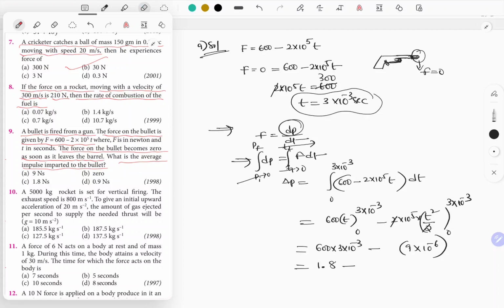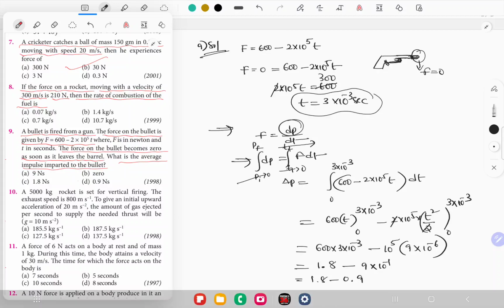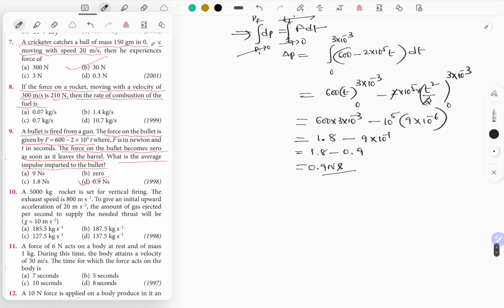It is not pi, it is 10 power 5. So the answer is going to be 9 into 10 power minus 1, which is equal to 0.9. 1.8 minus 0.9. The answer is going to be 0.9 Newton second. So this is the answer. Which option? Option D matches.